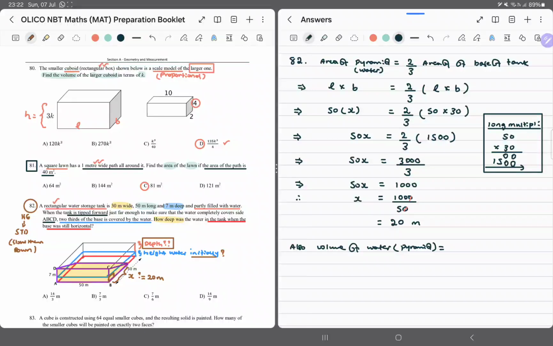It really doesn't matter. So let me just choose the easier one. It's going to be length times breadth times height. So I'm using the basal side, which is the side it's sitting on, and then CB as the height, just to make it easy. So the length here is 50. The breadth is what we just found out, it's 20. The height is basically 7 meters. Okay, great. So this is just what we want. We want the volume of the water in totality.